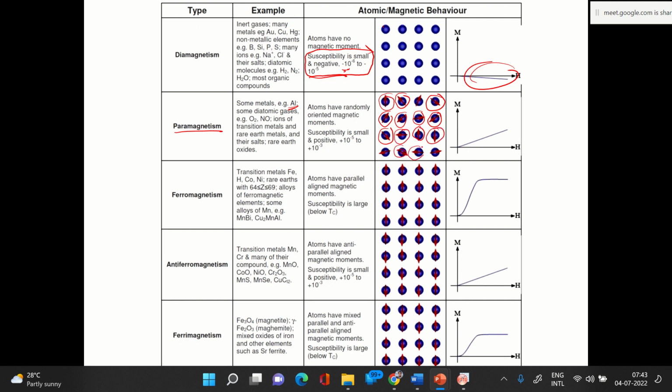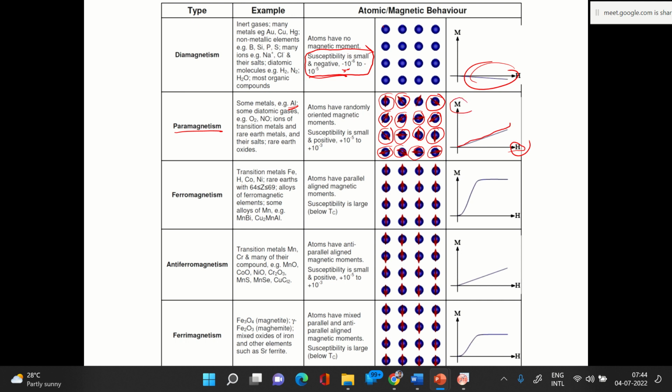Each of these atoms has a net spin, but when you look at a crystal or a molecule, when a large number of molecules are put together, there is random orientation of the spins. But when you apply the magnetic field H, you see a gradual enhancement in the magnetization produced.